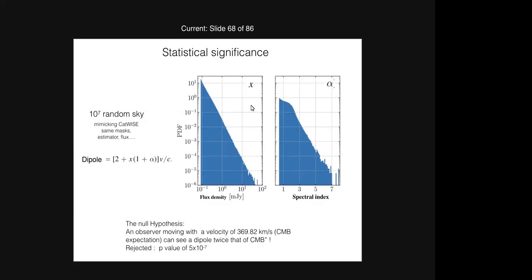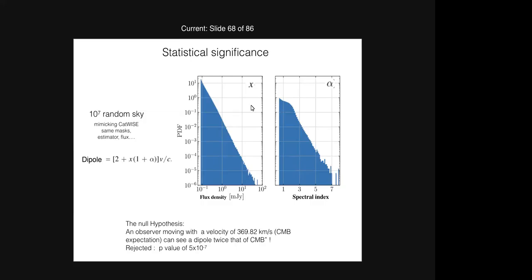We took flux randomly from the distribution of flux, and the flux index from the distribution of alpha, the flux index. And then from these flux distributions and the catalog, every time we checked our null hypothesis. That is, we put in an observer that was moving with the velocity given by the CMB dipole, that is about 367 kilometers per second.